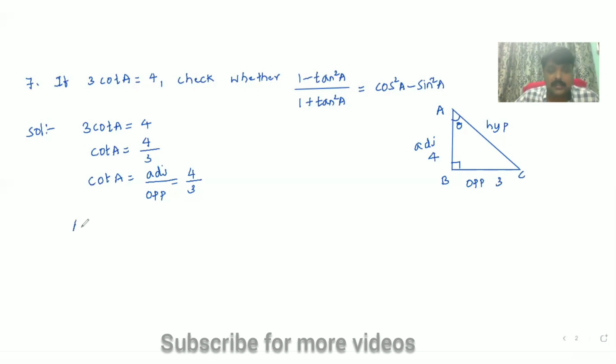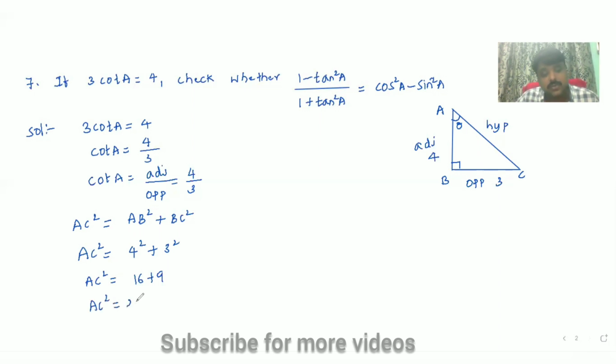Now let us calculate the value of AC by using Pythagoras theorem. AC square equals AB square plus BC square. AC square equals 4 square plus 3 square, that is 16 plus 9.